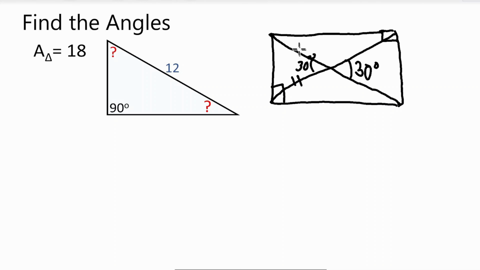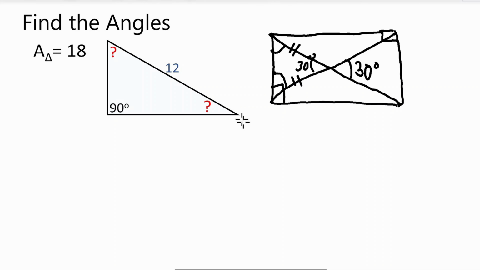Meaning these two sides are the same, making it an isosceles triangle. It means that these two angles here have to be the same, okay? Which means we have one angle of 30 degrees and the other two angles have to be the same. So let's find the value of these angles.